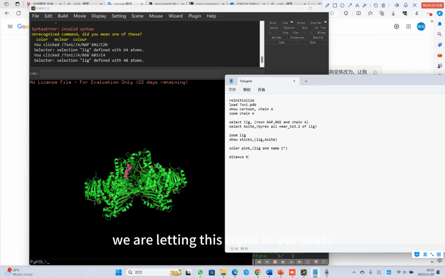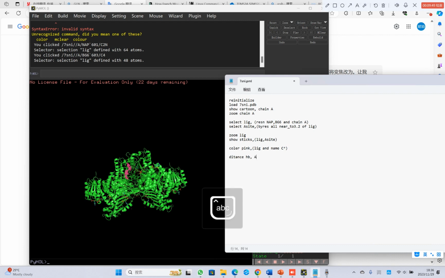Let me just try to run and see. Okay, the next command will show you all the bonds between the ligands and the active site.